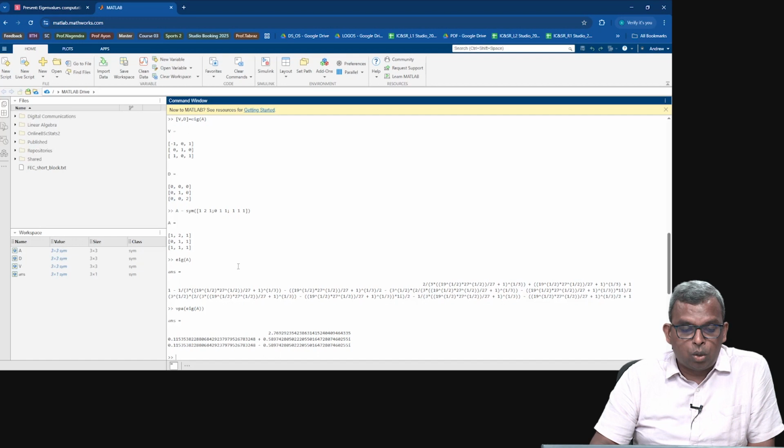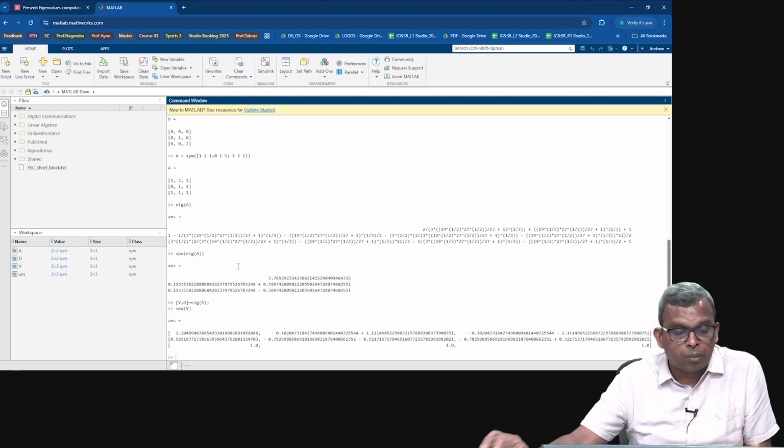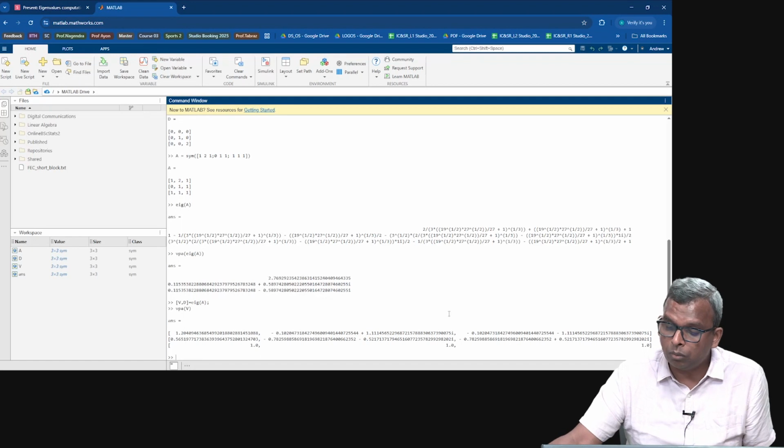If you want to know the eigenvalues and eigenvectors, you have to call it in this V comma D form. I made a mess here. We do not want to see the whole gory detail of what V comma D will look like, so you can use VPA, which will just evaluate it. You notice here we have got 3 eigenvectors.